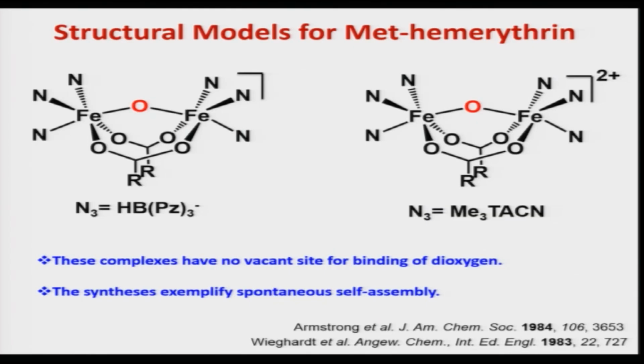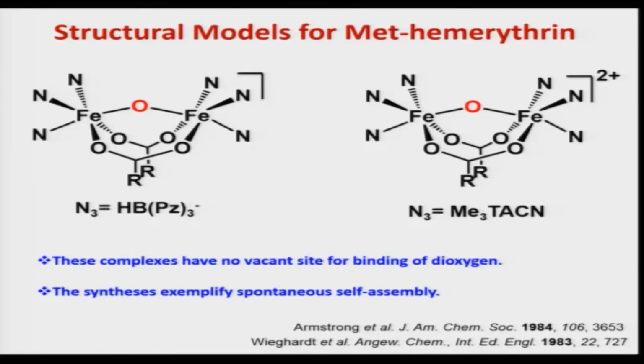Now, if you try to model this hemerythrin in the laboratory, lots of people around the globe have tried to model it, and here I have given 2 very famous examples. As you can see, the iron centers are no longer asymmetric, they are symmetric now.